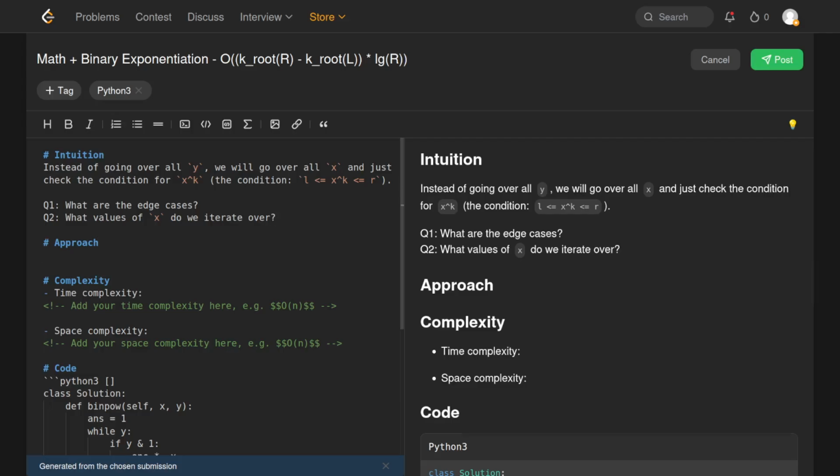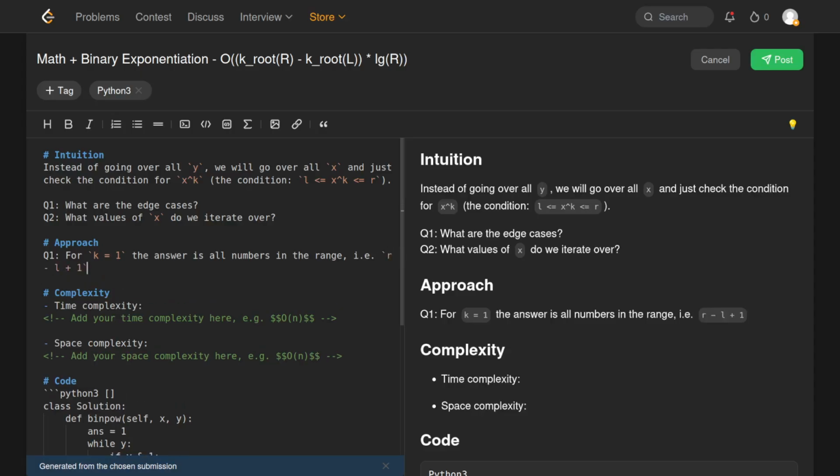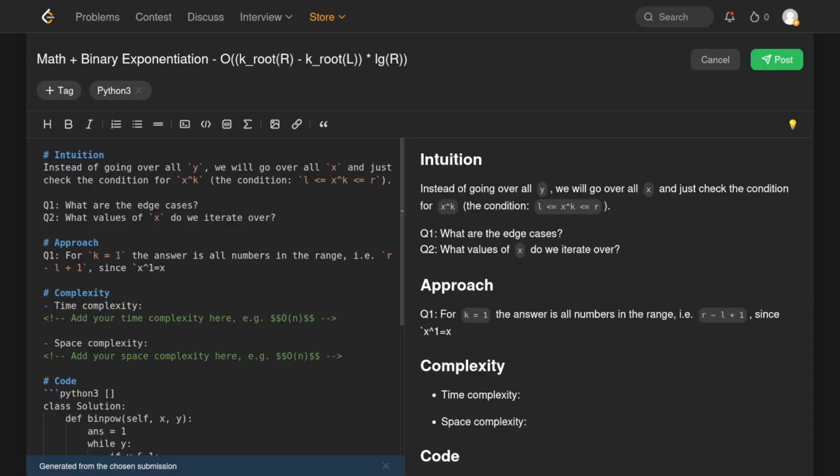For question 1, for k equal to 1, we take all values. The answer is all numbers in the range, r minus l plus 1, since x to the 1 is equal to x for all x.